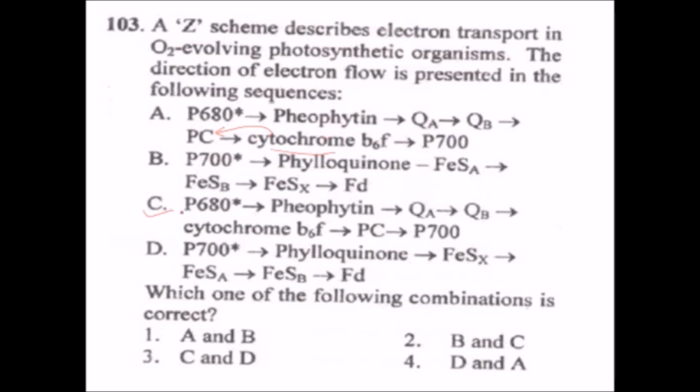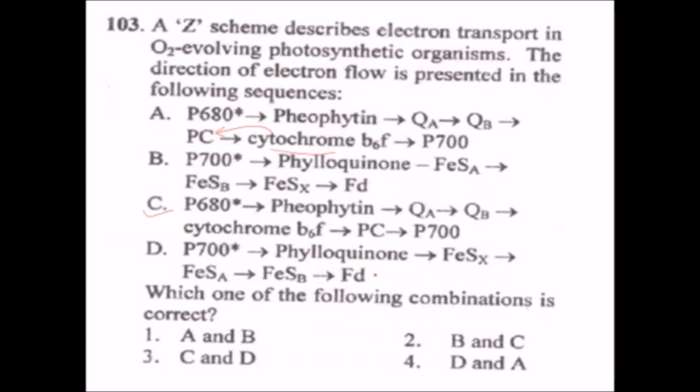The right sequence is here, where pigment system 2 passes its electron to pheophytin, then to QA, QB, then cytochrome b6f, then finally to plastocyanin, and it finally transfers it to pigment system 1, which is P700. And now from pigment system 700, the electron will pass to phylloquinone. It will then pass to FeS clusters Fx, Fa, Fb, and finally to ferredoxin.